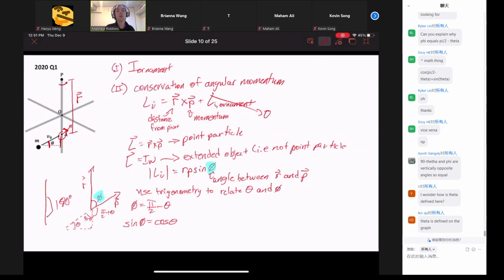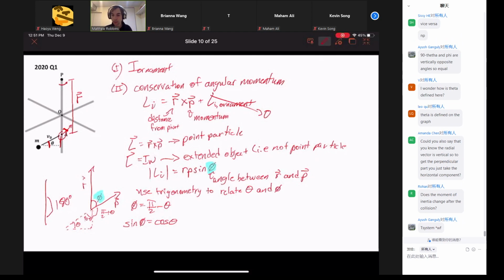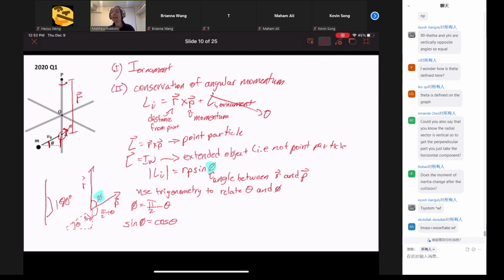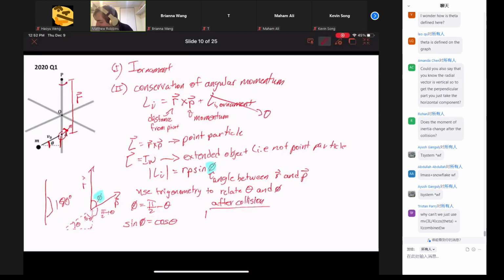So we have the initial angular momentum. What is the final angular momentum going to be? What's the expression for the final angular momentum? Does the moment of inertia change after the collision? Yes, it will. After the collision, the moment of inertia is equal to the moment of inertia of the ornament plus the moment of inertia of the point mass.